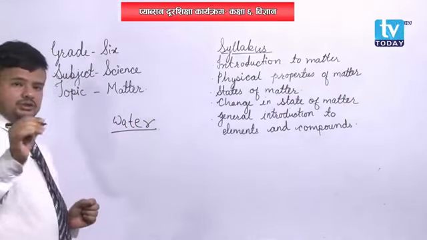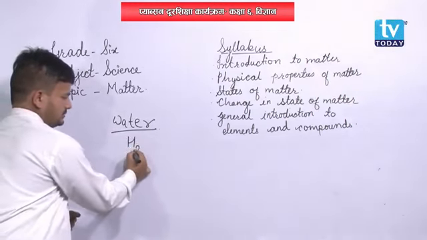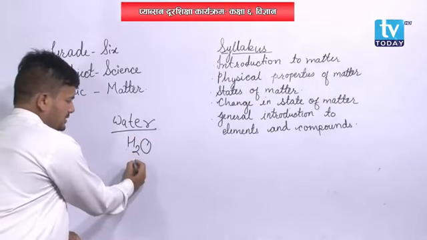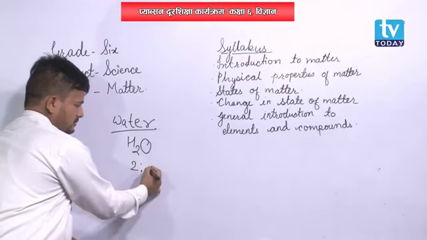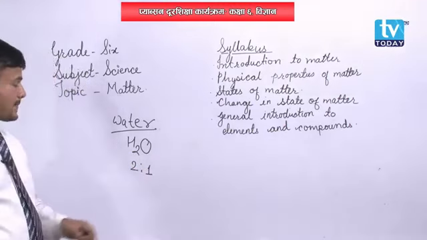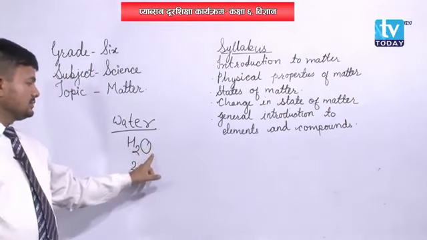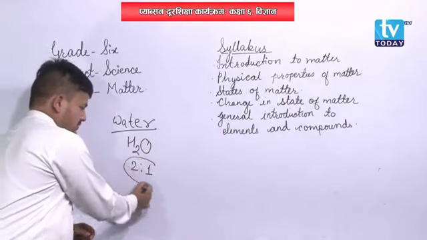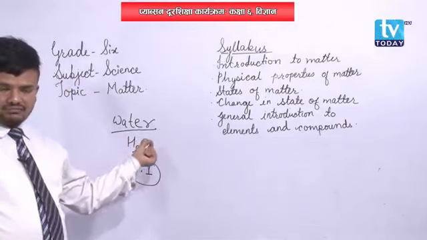Do you know the molecular formula? The chemical formula is H2O. So fixed ratio means here 2 parts of hydrogen and 1 part of oxygen. H2 means 2 hydrogen atoms, and O with nothing means there is 1 oxygen atom. So this is called a fixed ratio. In this way the compounds are formed.